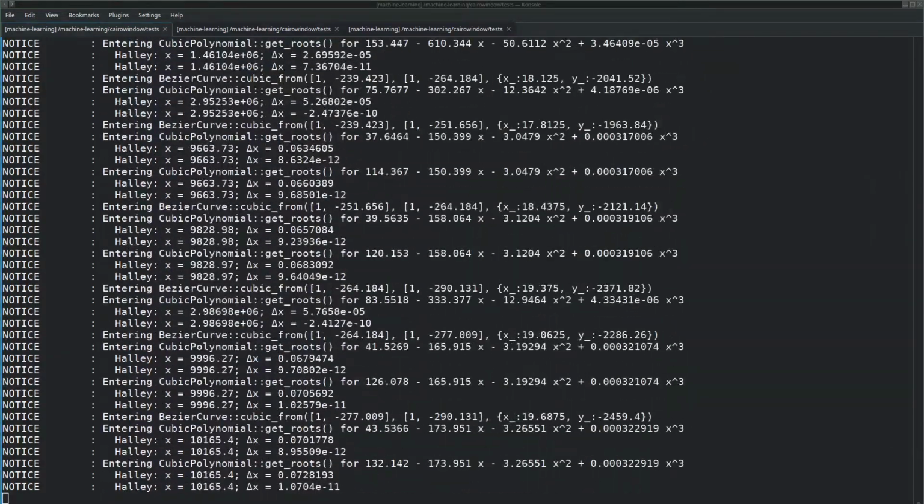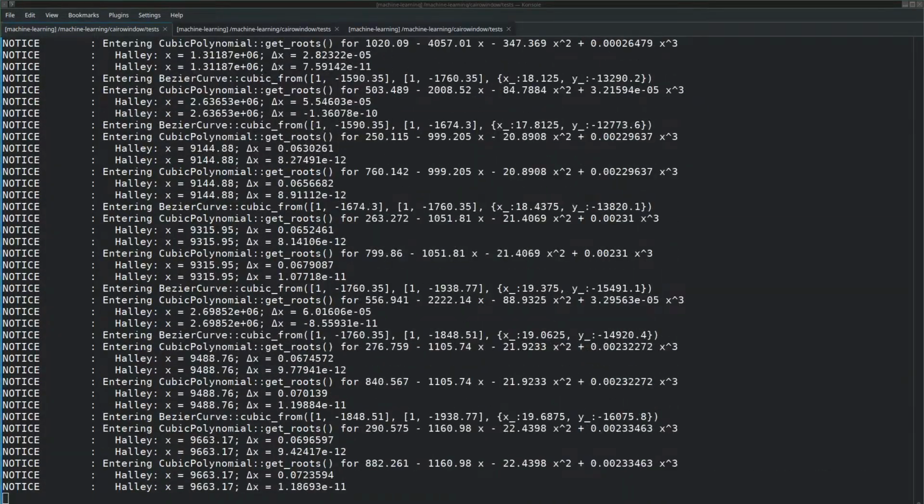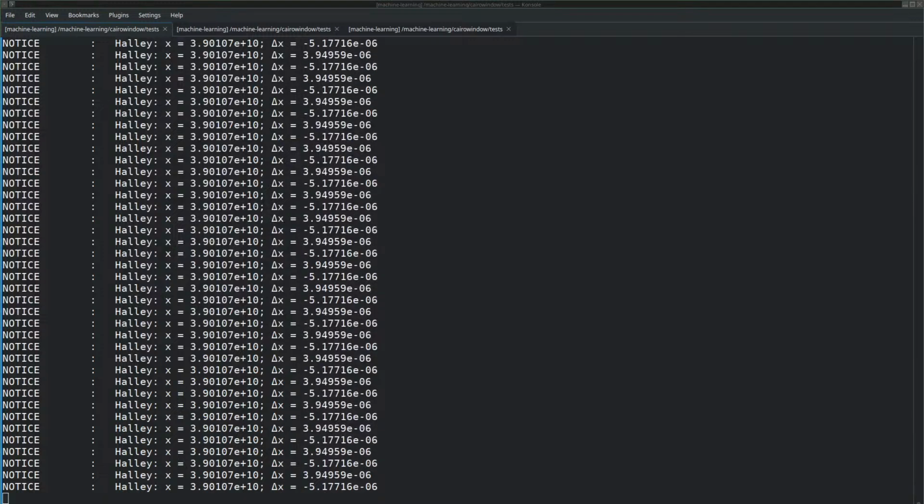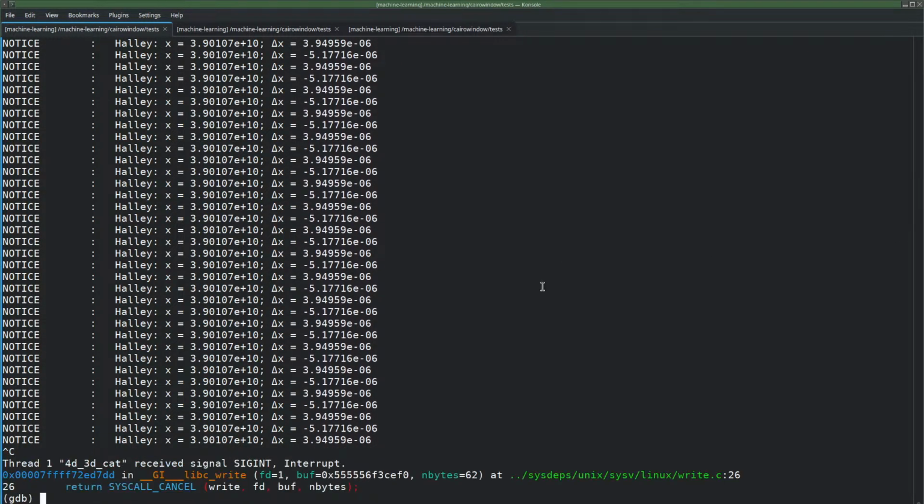Probably hard to see because you only get to see the last ones. You would have to scroll up all the time. Or yeah, there is another one. Okay, another one that doesn't terminate. But yeah, it's for the same reason.